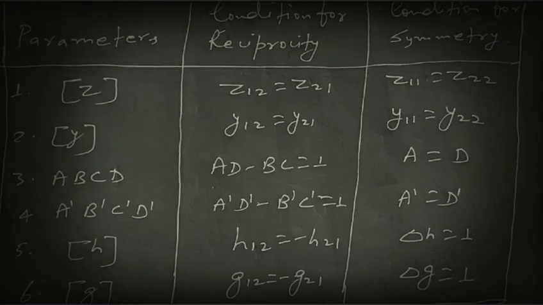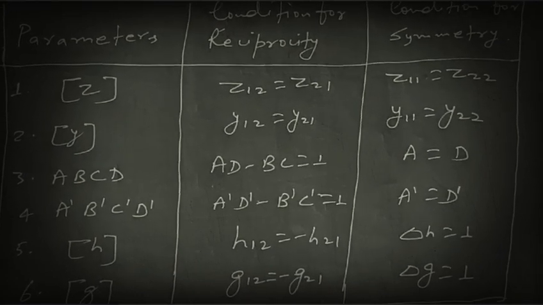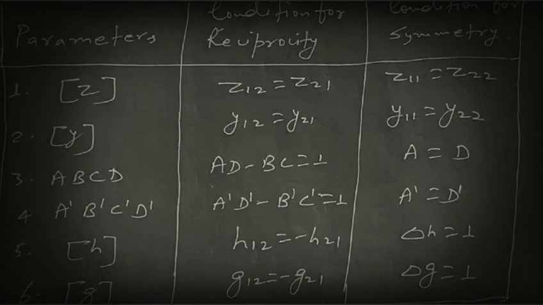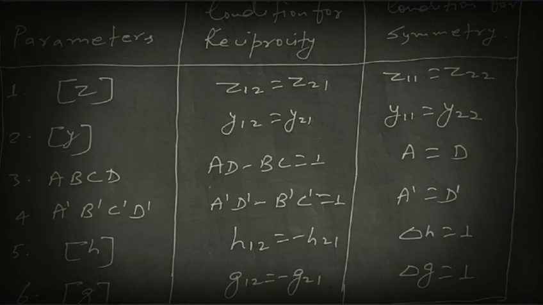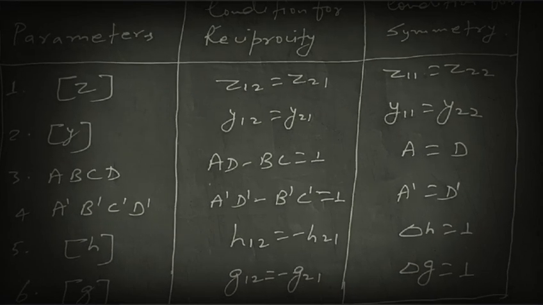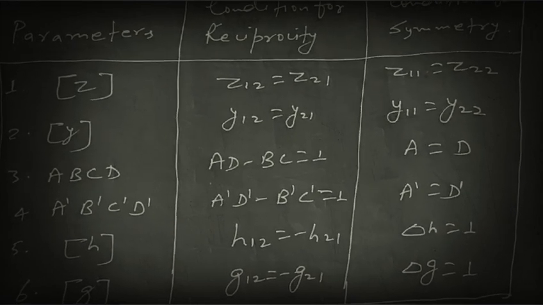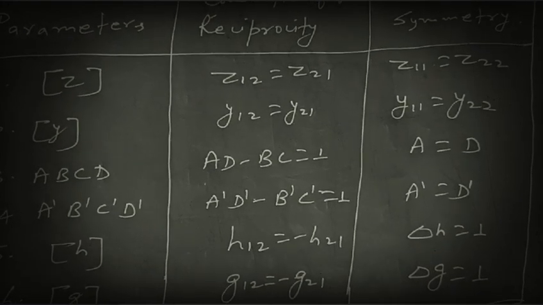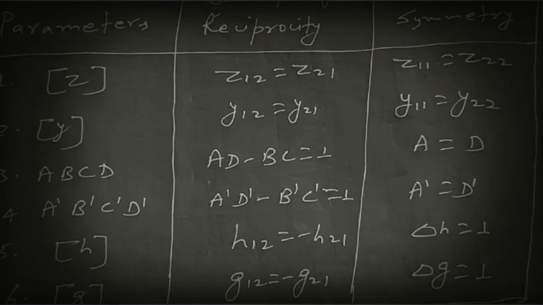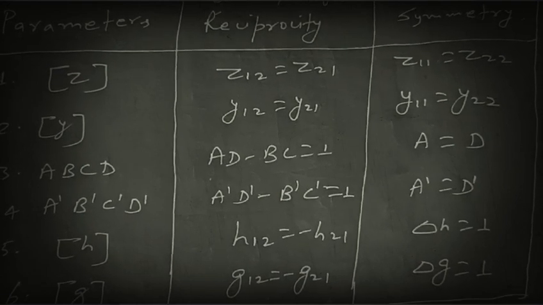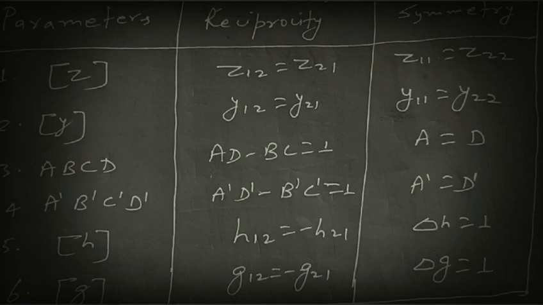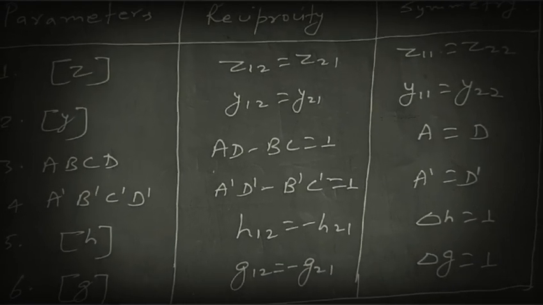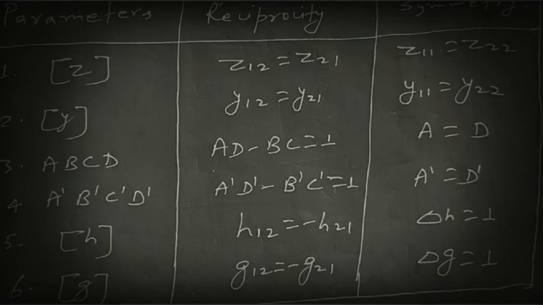For a reciprocal network, Z12 should be equal to Z21, and for a symmetric network, Z11 should be equal to Z22. Similarly for Y parameters, for a reciprocal network, Y12 should be equal to Y21 and Y11 should be equal to Y22. Similarly for ABCD parameters, AD minus BC should be 1 for a reciprocal network and A equal to D for a symmetric network.